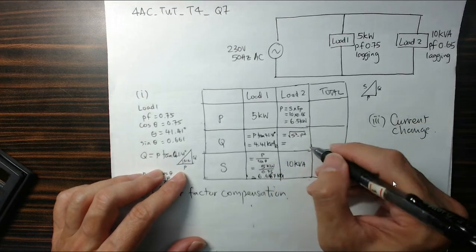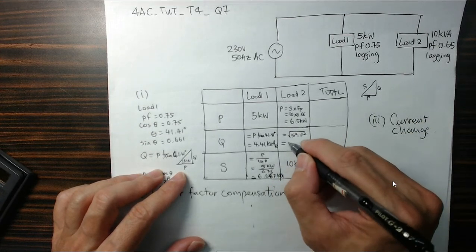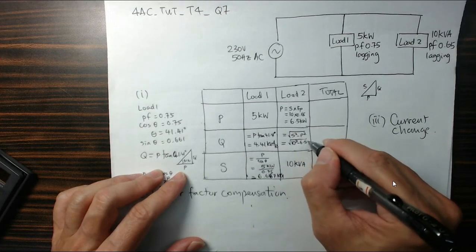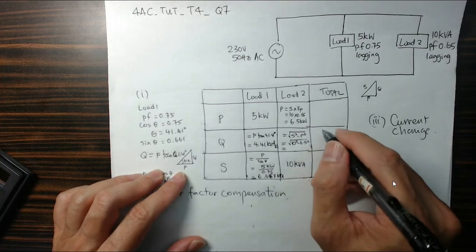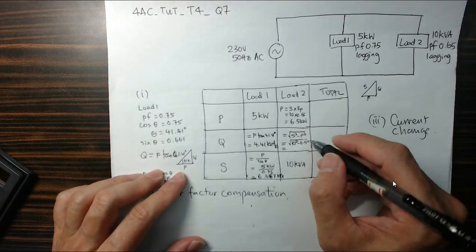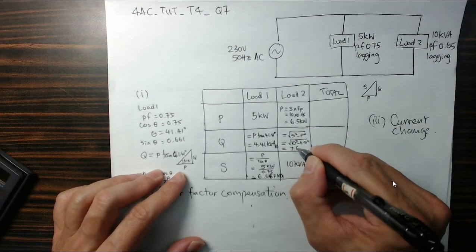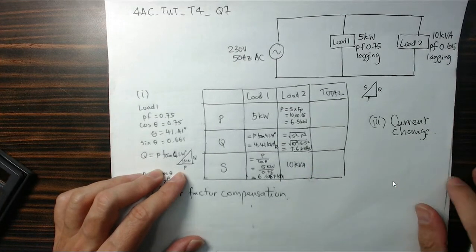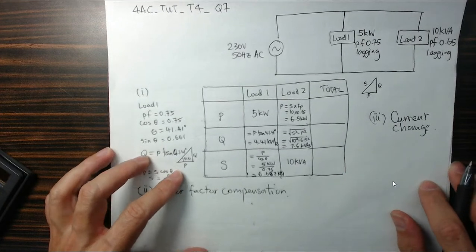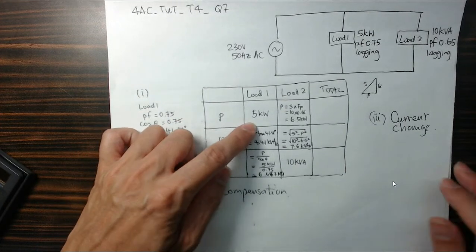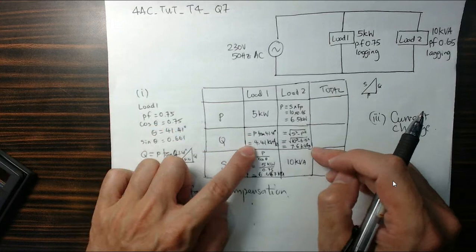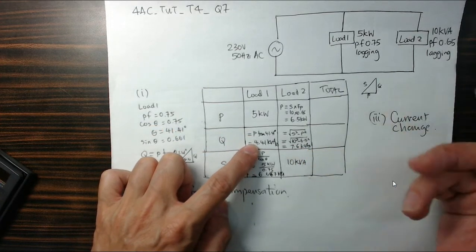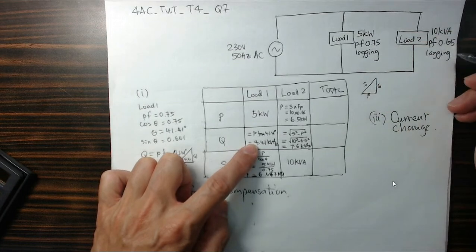That gives me 10 squared minus 6.5 squared. So that will give me a Q value of about 7.6 kVAR. Right, so that's the individual real power and the individual reactive power for each load. Now both reactive powers are inductive, because both are lagging power factor.